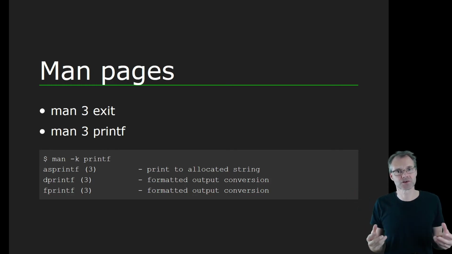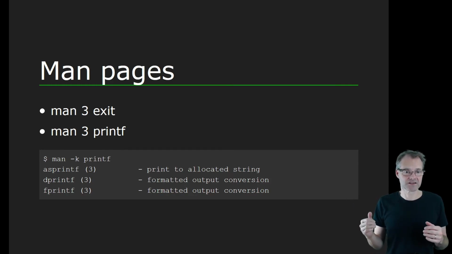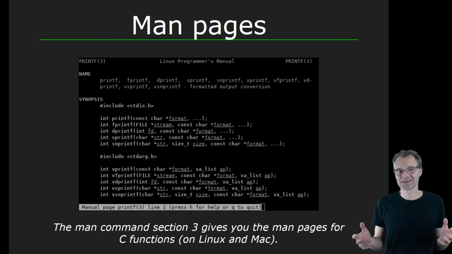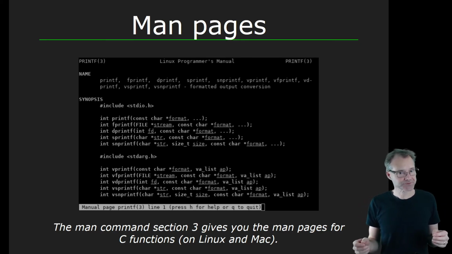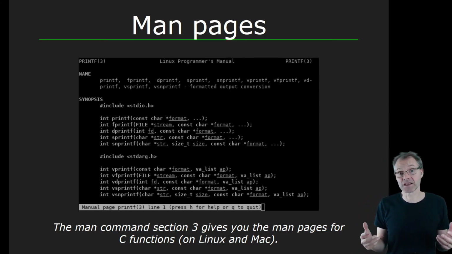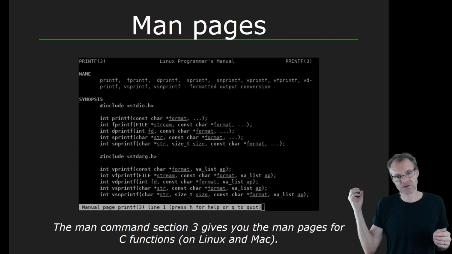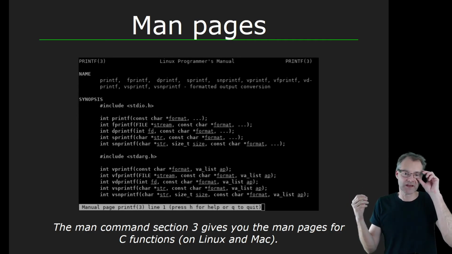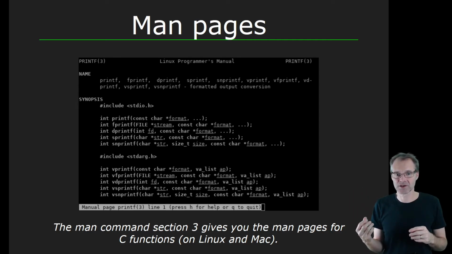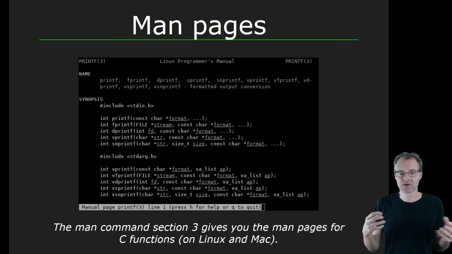I'm searching for something printf, and I'm getting a match on 3 different man pages. And if I open up one of those, I get the man page for printf. And this is how a man page looks. It's describing the functions in it, it's describing what header file it is from. I can see what type of arguments I can use when I'm calling the function.